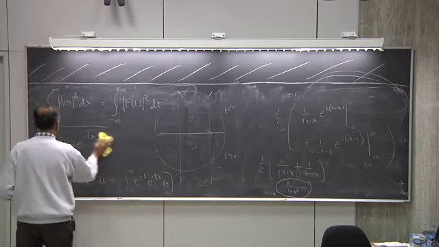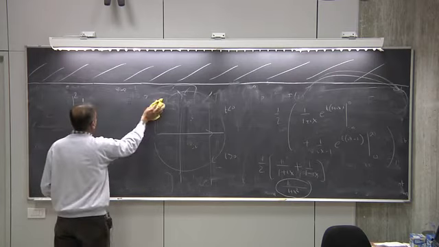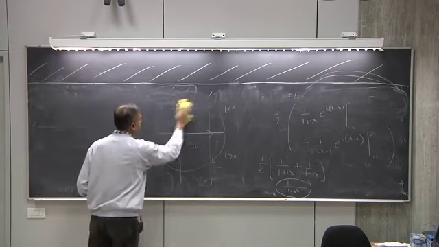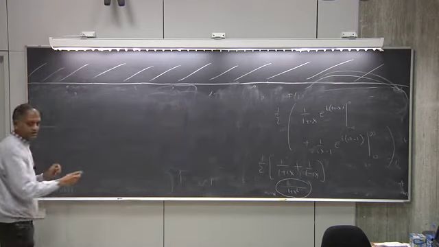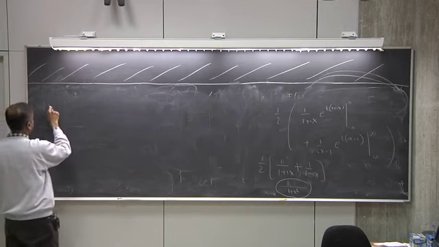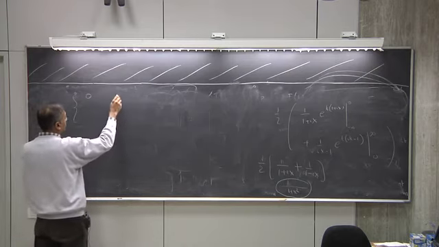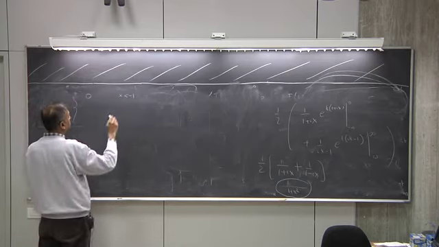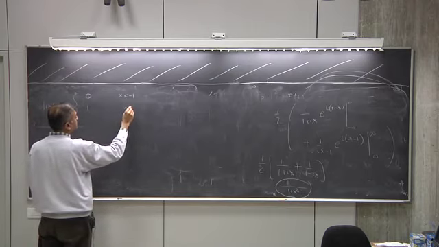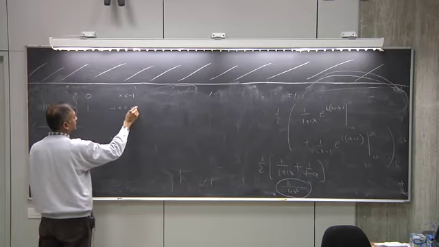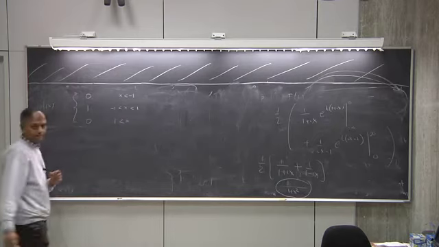However, let's consider now an example which is a bit discontinuous. Suppose I have a function which is just a kind of step function. So f of x is equal to 0 for x less than minus 1, equal to 1 when x is greater than minus 1 and less than 1, and equal to 0 when x is greater than 1.